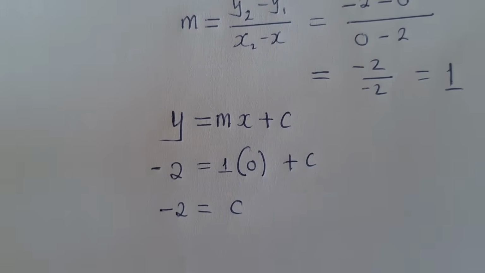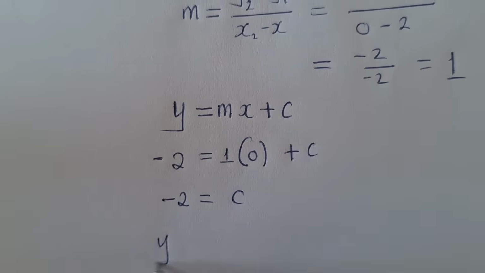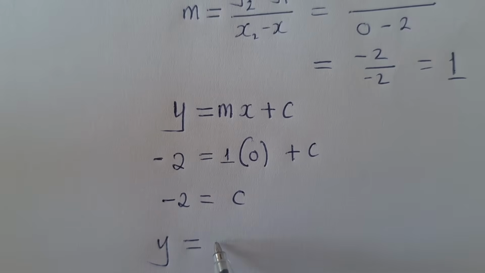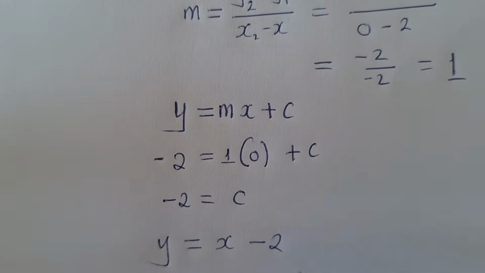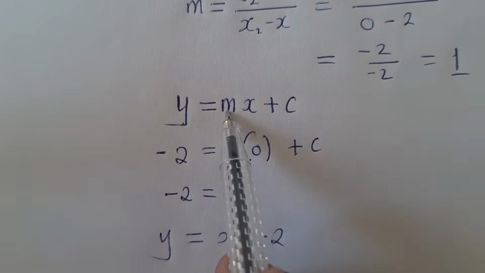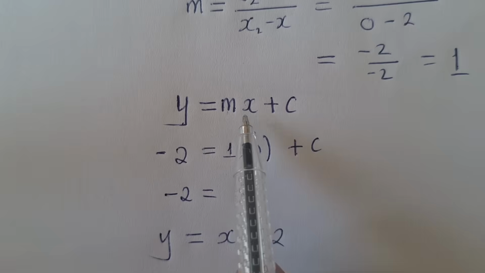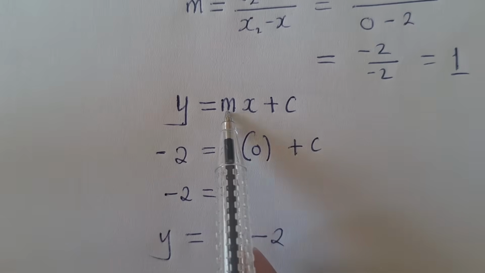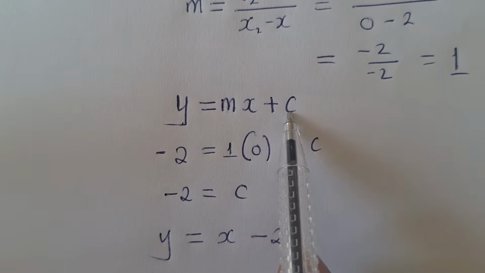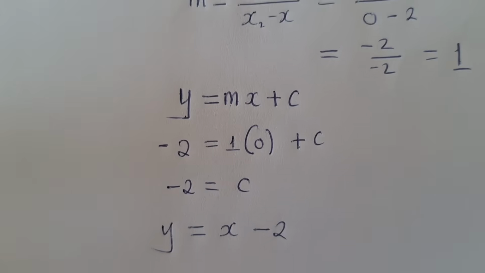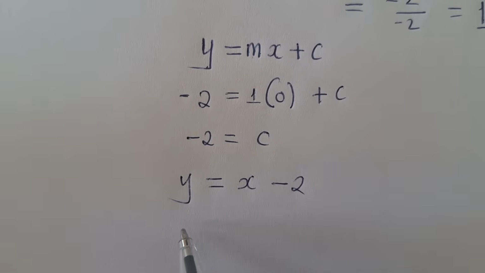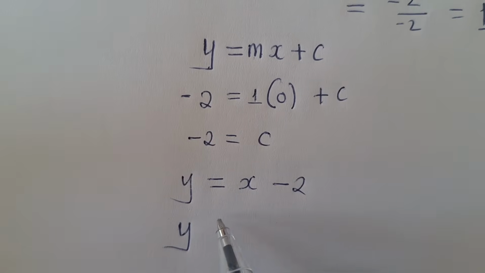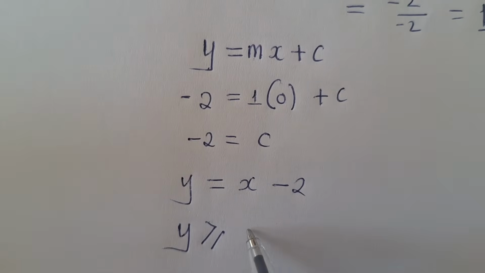So the value of c is -2. We can now write back. You maintain y. Where there's m, you write 1. And you maintain x, so it will be 1x. And where there is c, you write -2. And the inequality here will be y is greater or equal to x minus 2.